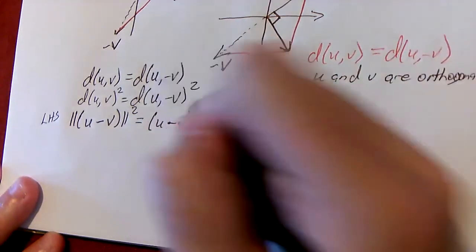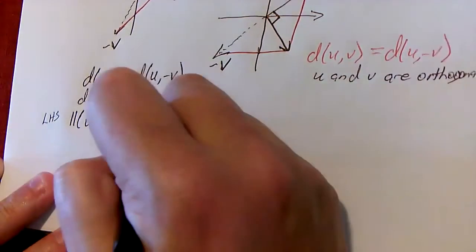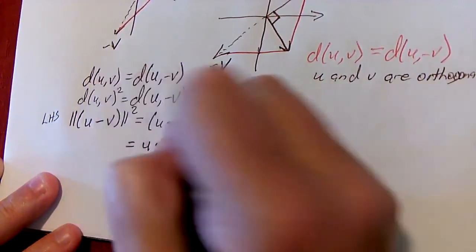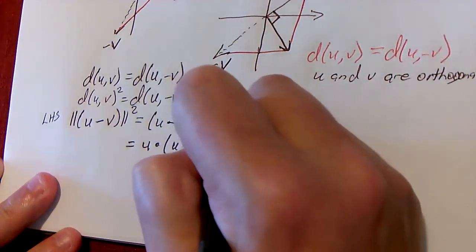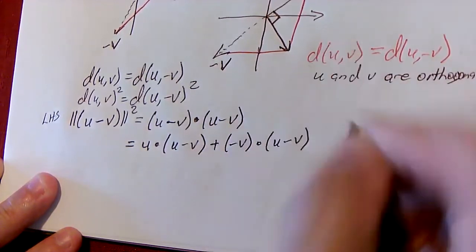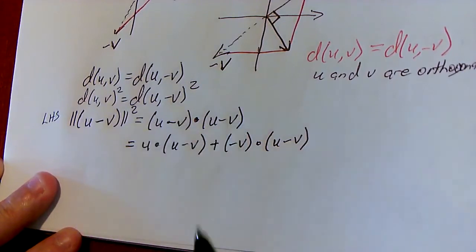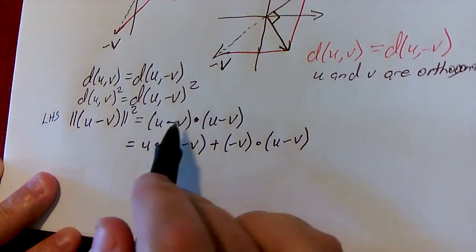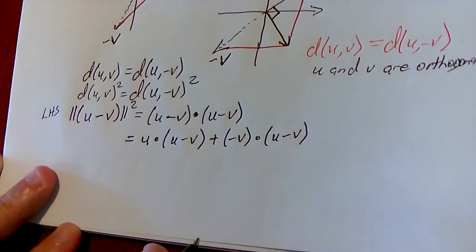Now I can apply associativity and distribution to this. So when I do that, I'm going to get u dot u minus v, and I'm going to get negative v dot u minus v. So I just did distribution. I distributed the u over to both this one and the v over to that one. Because remember, this is a single vector, so I can use the dot product accordingly.